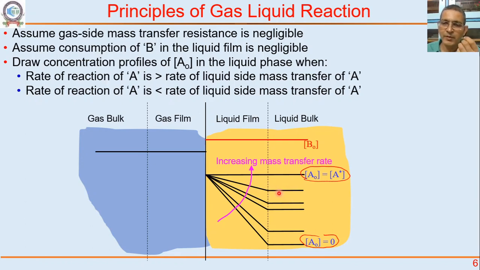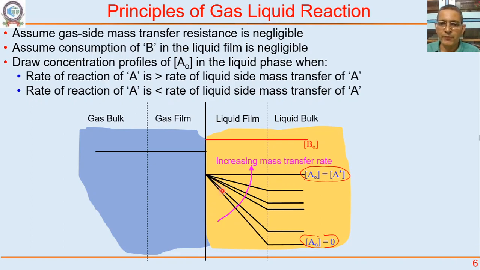But what if you are very hungry, as if your reaction with food is so fast, you can't wait, by the time it is delivering from kitchen to here, mass transfer, you start eating it. You go to the interface and start eating the food by the time it gets to the table. That's how hungry you are.